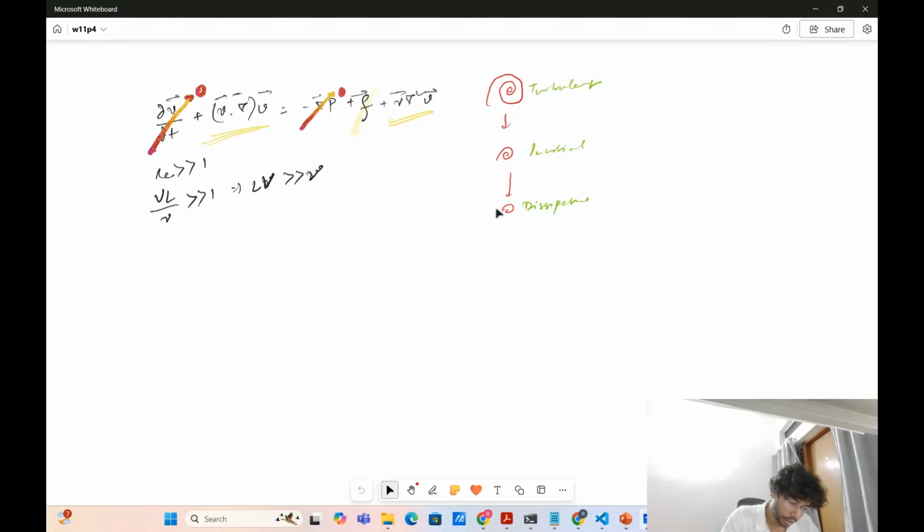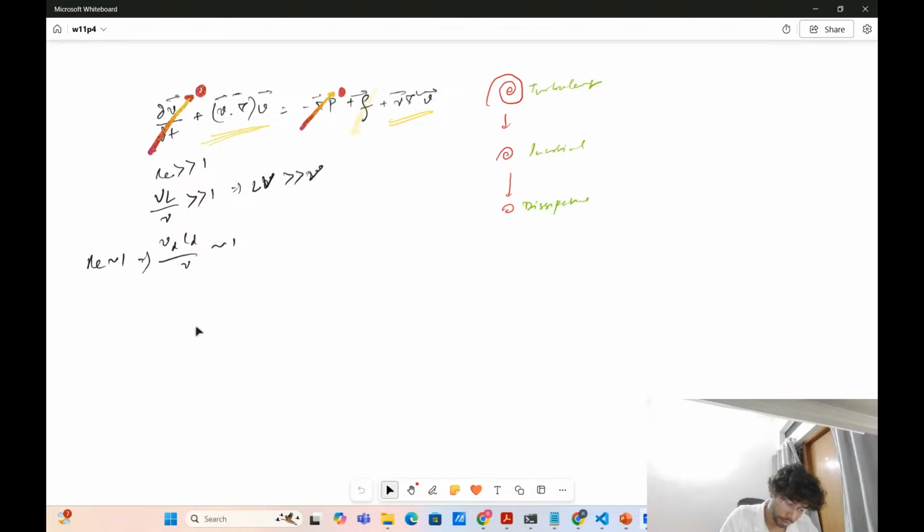Okay. So now in the dissipative regime, what will happen is VD, LD. So L is the length of these eddies. Okay. So LD VD by nu will be equal to 1, because as I said, in the dissipative regime, Reynolds number is equal to 1, and this is the turbulent regime. Okay.